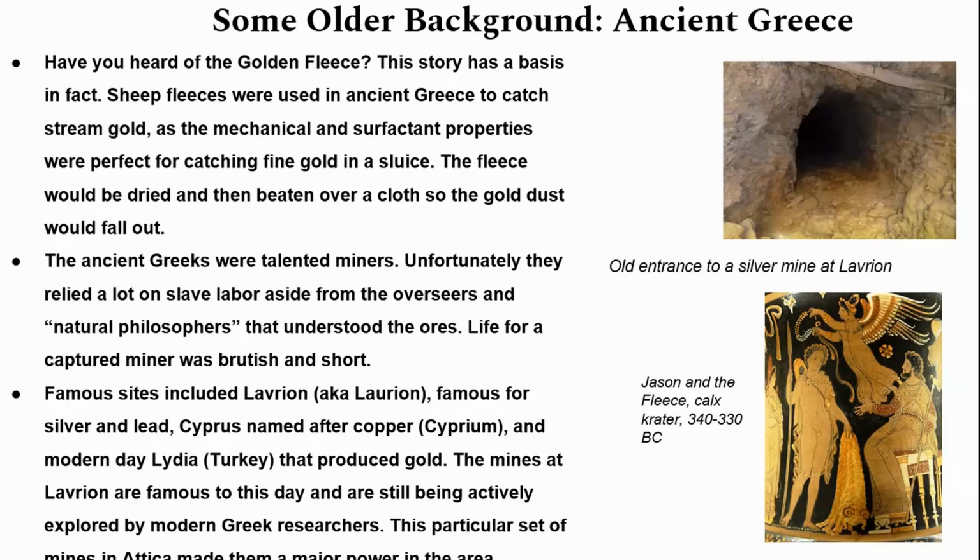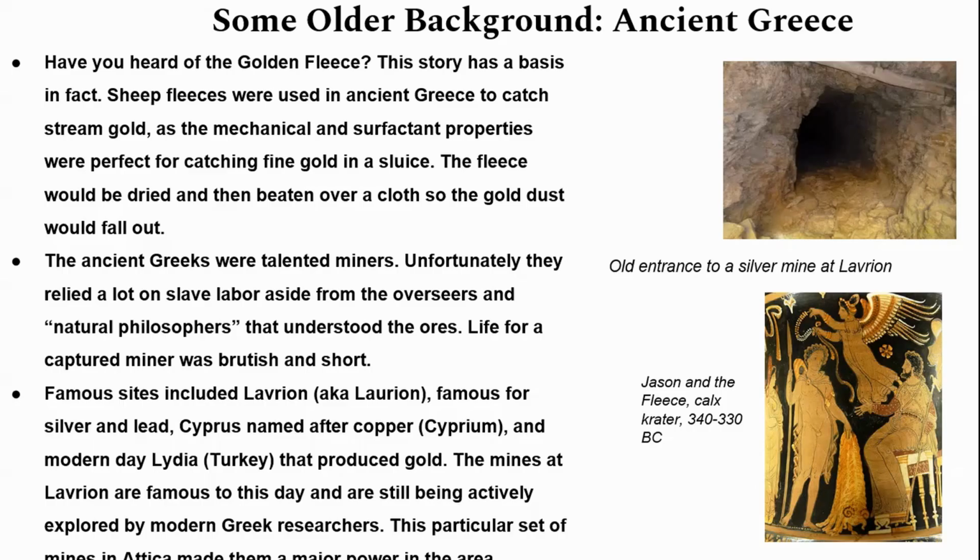The ancient Greeks were talented miners. Unfortunately, they relied a lot on slave labor aside from the overseers and quote unquote natural philosophers that understood the ores. Life for a captured miner was brutish and short. Famous sites included Lavrion, which is famous for silver and lead, Cyprus, named after copper, Cyprium, and modern day Lydia, Turkey, that produced gold.